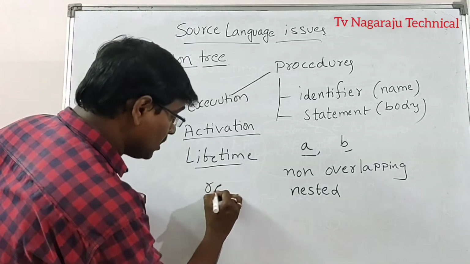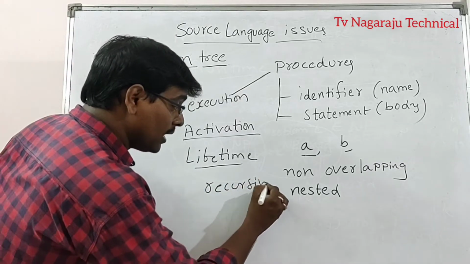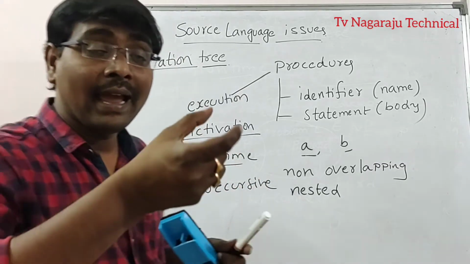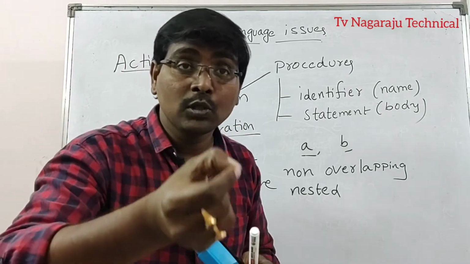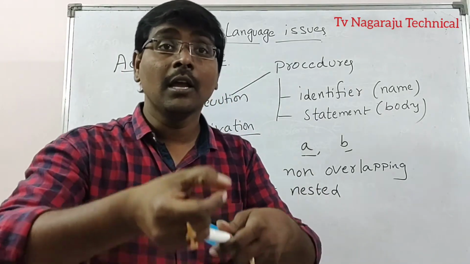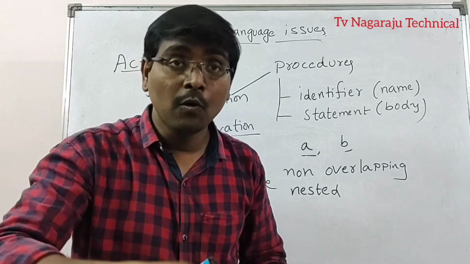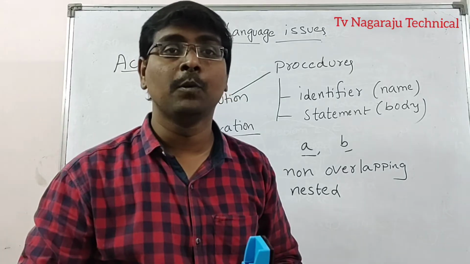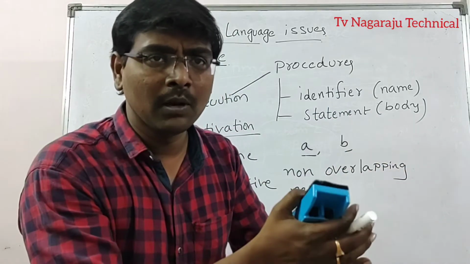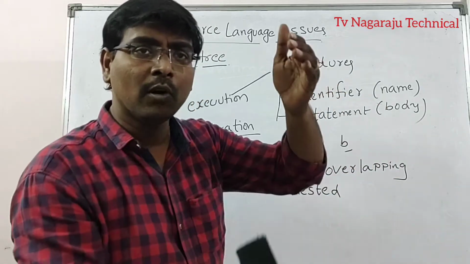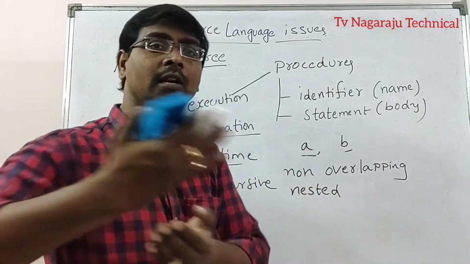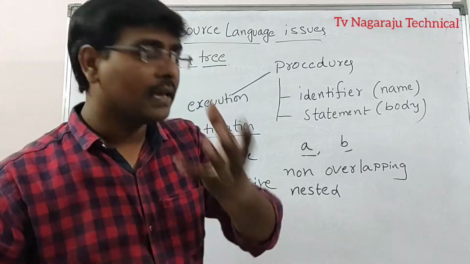Now, recursive is also possible. Recursive means an activation of a procedure is called before the ending of the same procedure. You know the normal factorial program: before the end of the program we are calling n times factorial of n minus 1.